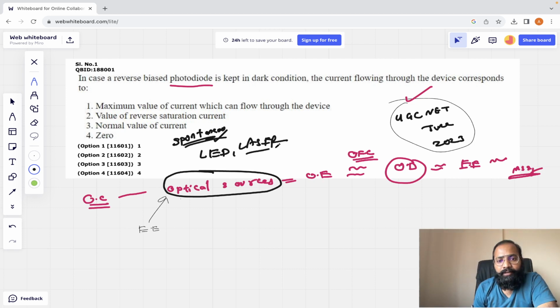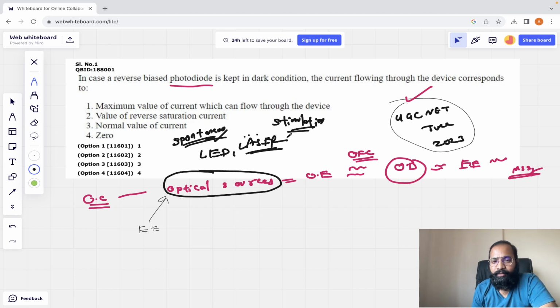And the definition of laser itself is light amplification by stimulated emission of radiation, so stimulated emission of radiation takes place. Basically, that is the difference between LEDs and lasers. LED is spontaneous emission of light or radiation, and in lasers stimulated emission of radiation takes place.